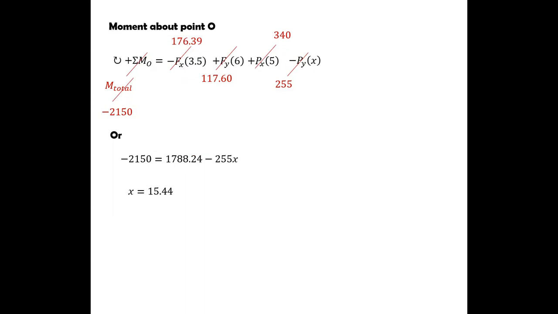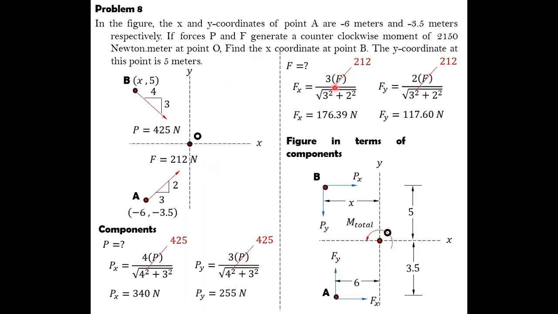However, we are not done yet. You have to take note that we are asked to find the value of the x coordinate. This means it must conform to the rules of the Cartesian plane. What do I mean? The x is the x coordinate of point B, and if you notice, according to our figure, point B is located on the left side of the y-axis.